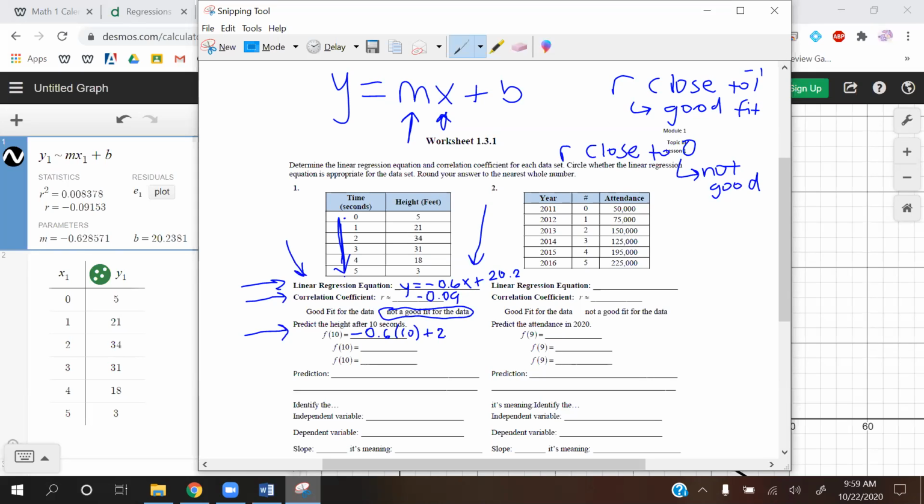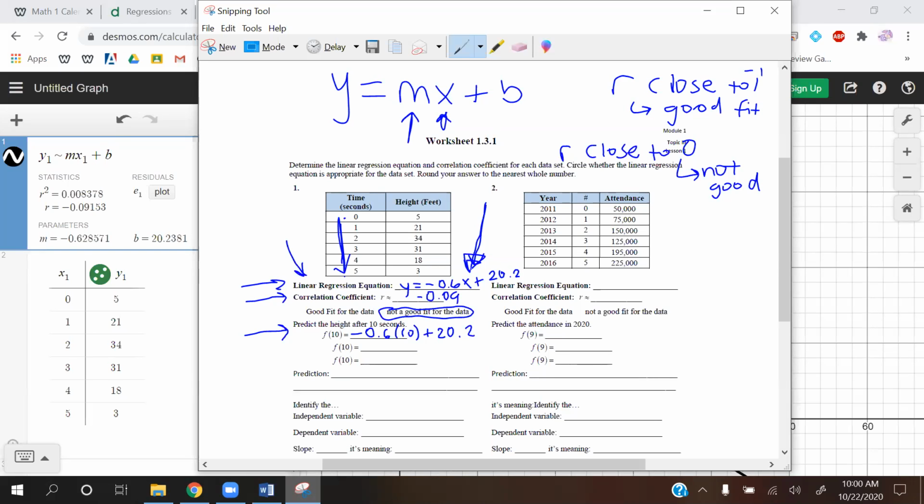So all I did was I took the 10 seconds that we wanted to predict, and I shoved it into the equation right where your x is. Into the x. So it was negative 0.6 times 10 plus 20.2. Now we are solving according to PEMDAS.